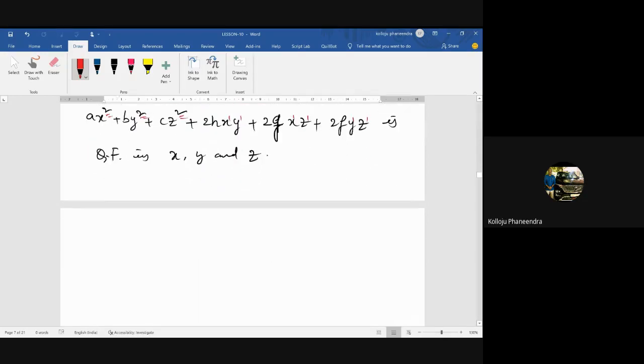Okay. Now, expressing quadratic form in matrix form.